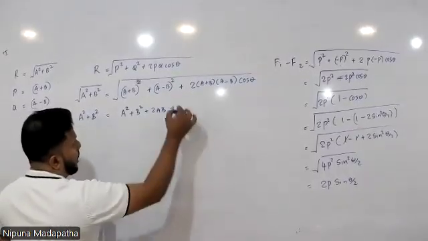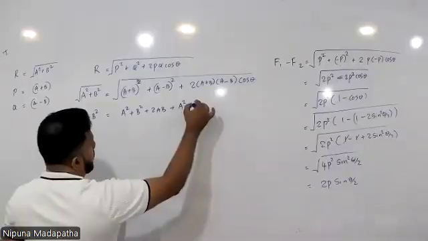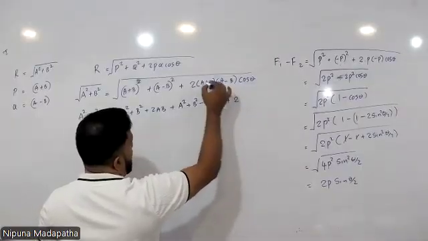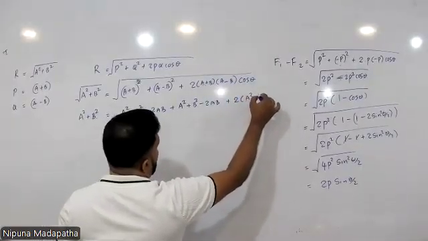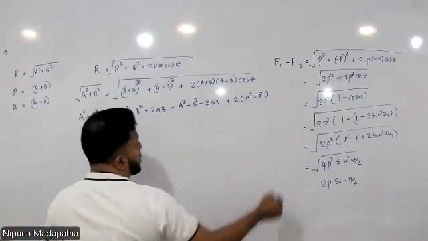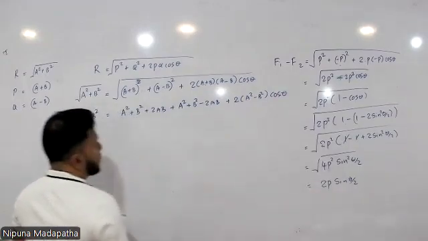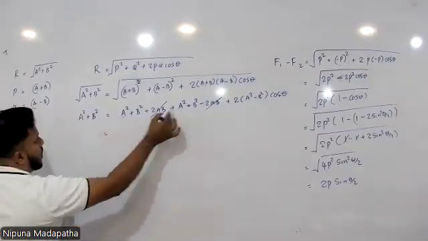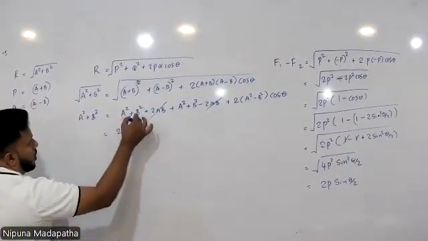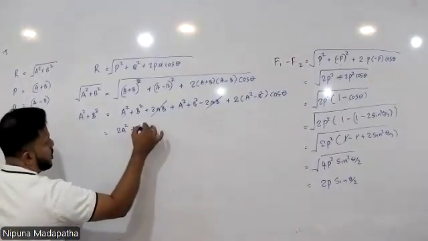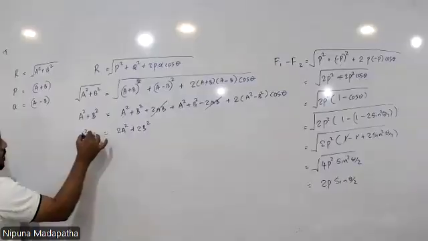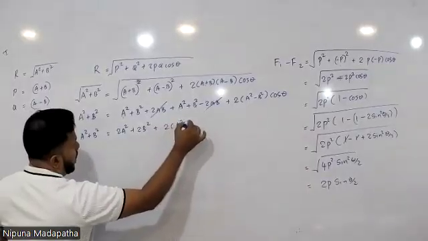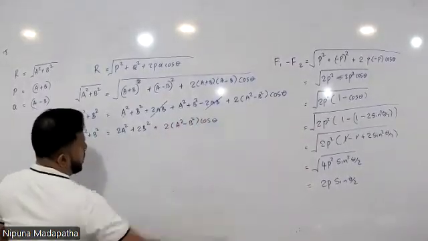A minus B squared is A squared plus B squared minus 2AB. Then A plus B times A minus B is a difference of squares, A squared minus B squared, times cos theta. So plus 2AB minus 2AB cancel. A squared plus A squared is 2A squared, B squared plus B squared is 2B squared, equals A squared plus B squared plus 2 times A squared minus B squared times cosine theta.